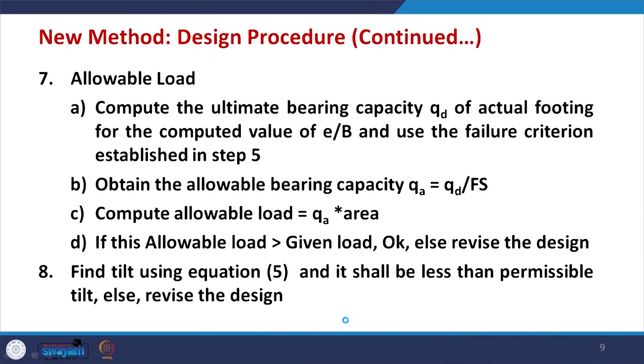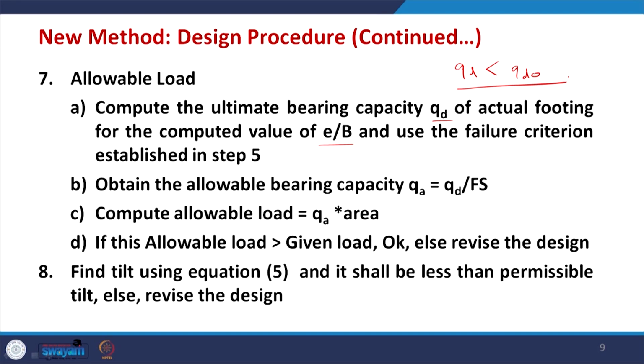However, if you are satisfied with this factor of safety, then we continue. Assume that the factor of safety is adequate. In that case, we find the ultimate bearing capacity q d of the actual footing for the given value of E by B. Naturally, this value of q d is going to be less than q d naught, which was without eccentricity.